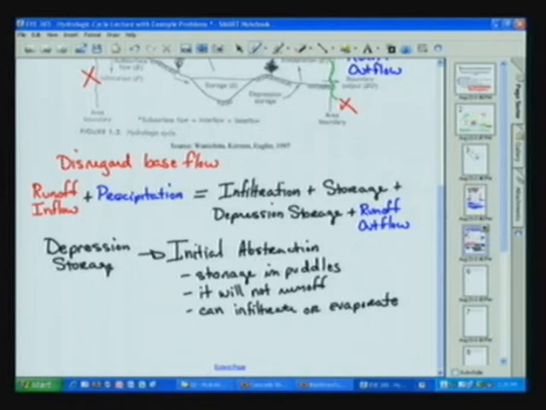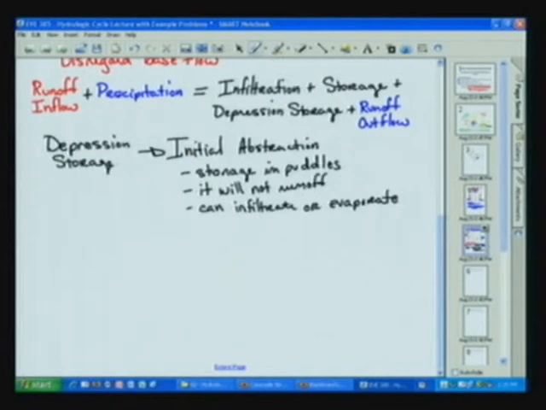And then commonly, we will rearrange this because what we really need to know is our runoff outflow.